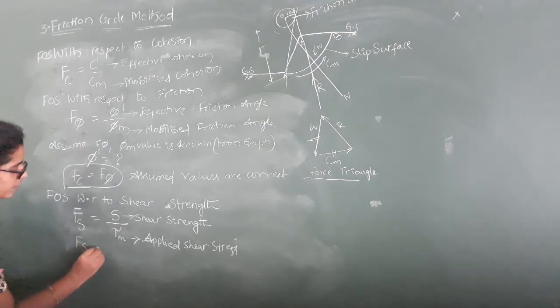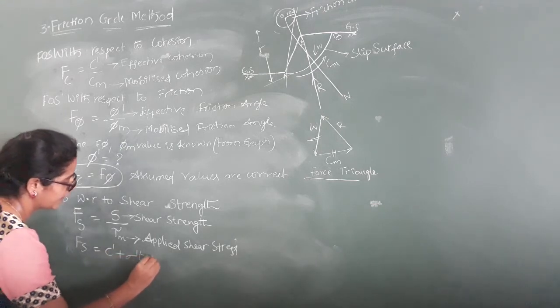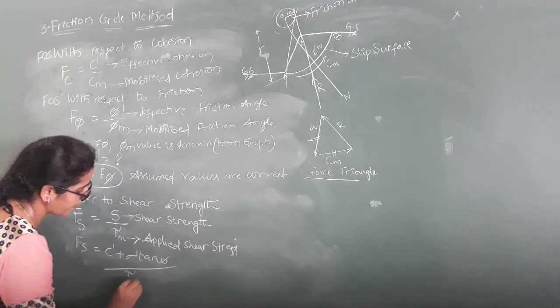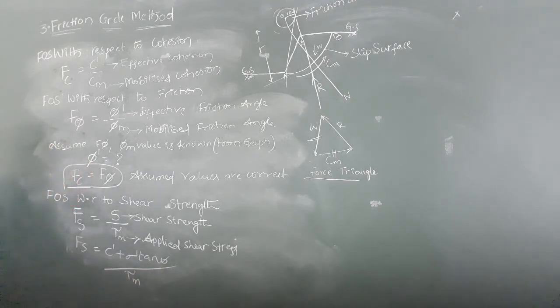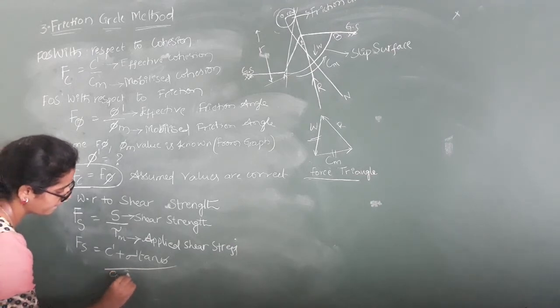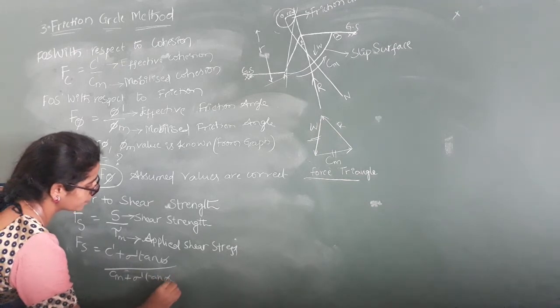Fs is equal to C dash plus sigma dash tan phi dash by tau m. Or it can also be rewritten like this: Cm plus sigma dash tan phi m.